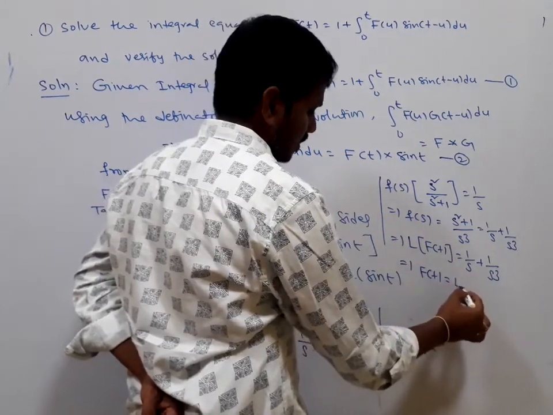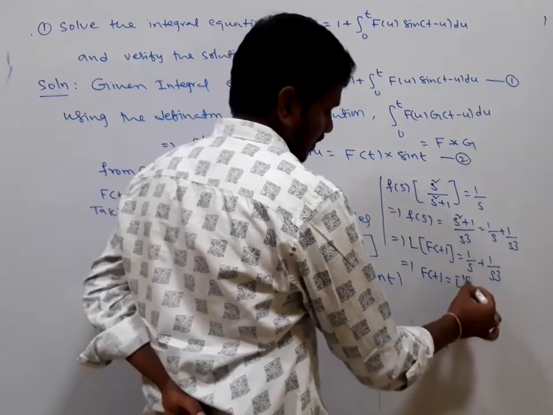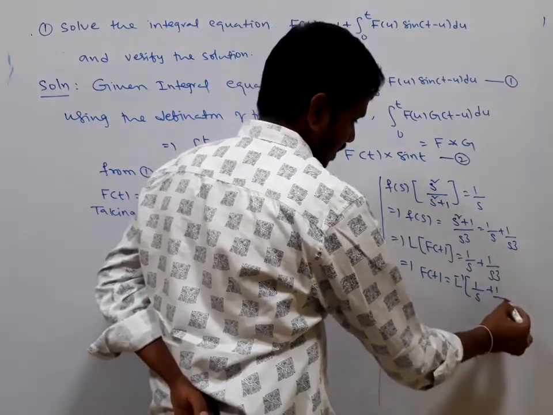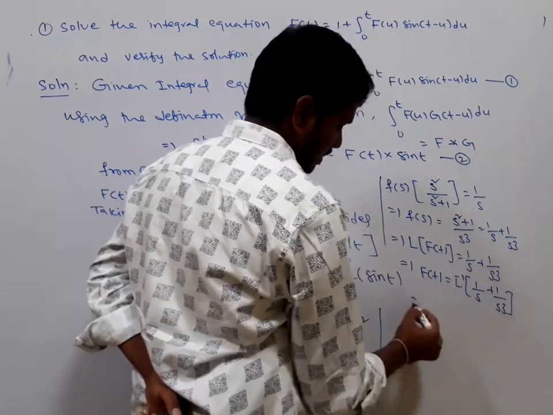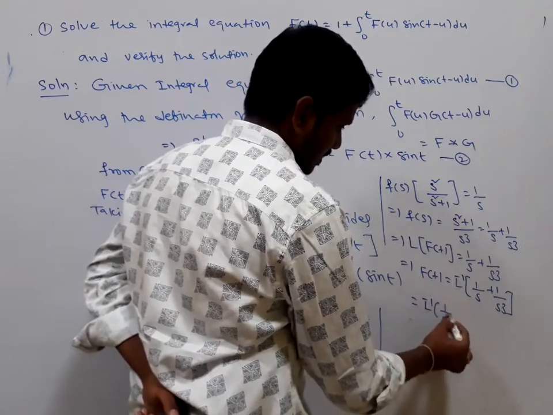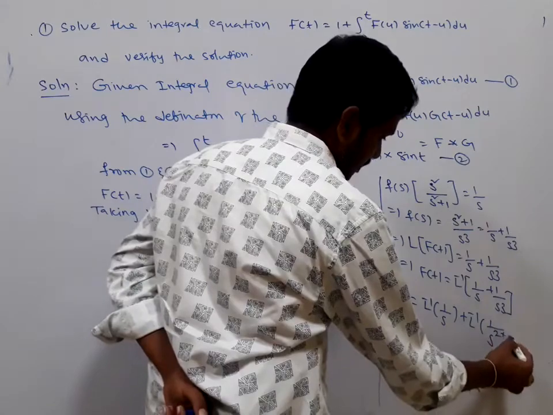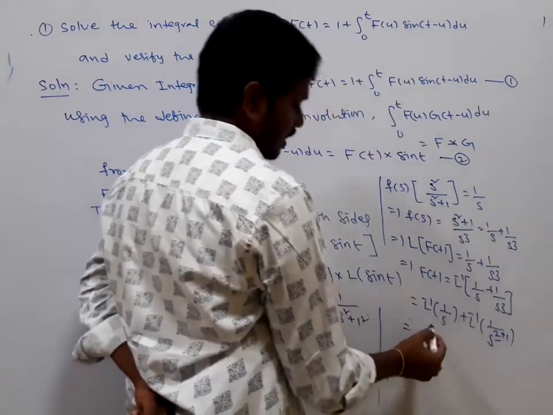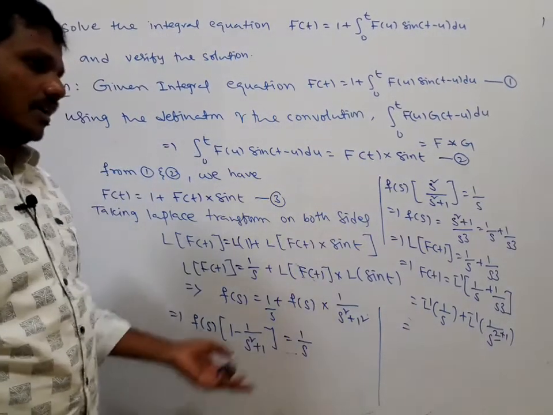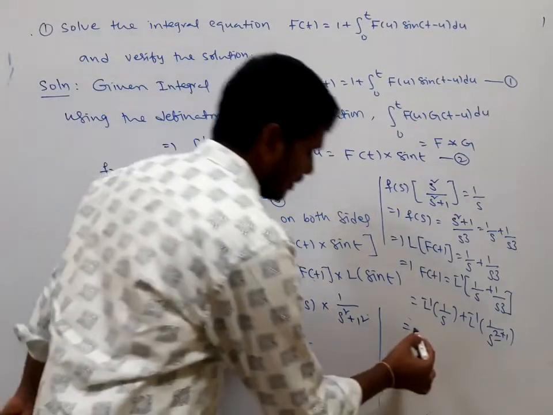You take this L to the right side as an inverse: L inverse of 1 by s plus 1 by s cubed, which is the same as L inverse of 1 by s plus L inverse of 1 by s cubed, which can be written as 2 plus 1. L of 1 is equal to 1 by s, so L inverse of 1 by s is 1.